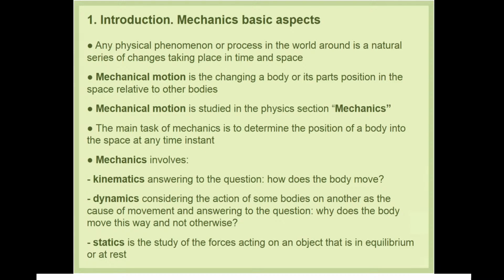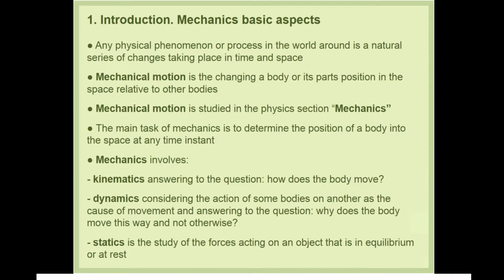Any physical phenomenon or process in the world around is a natural series of changes taking place in time and space, and mechanical motion is no different. Actually, it is the change of a body's or its parts' positions in space relative to other bodies.